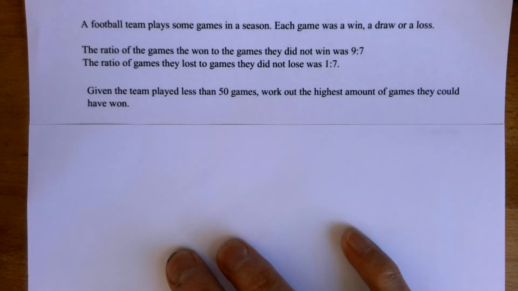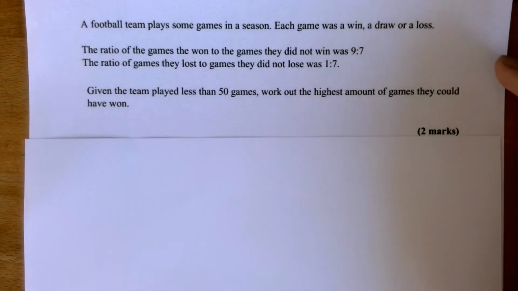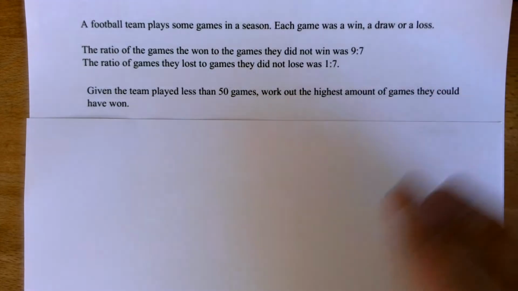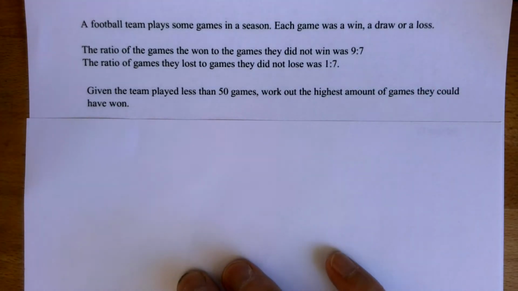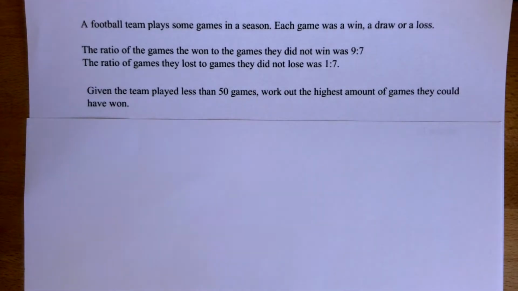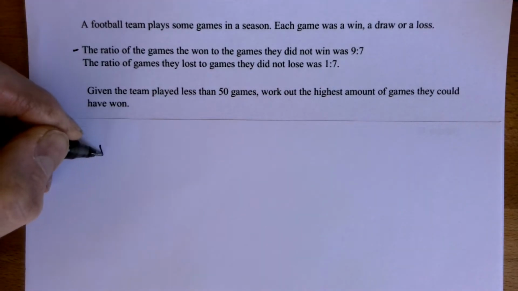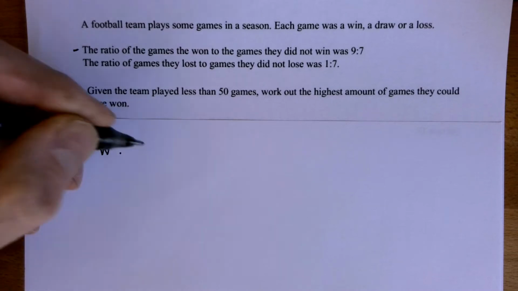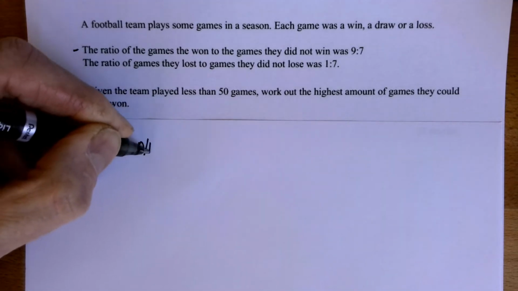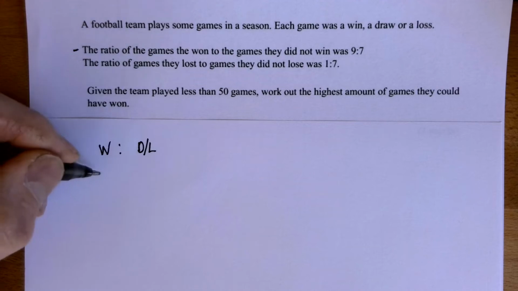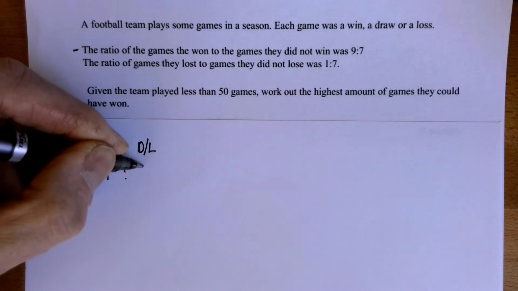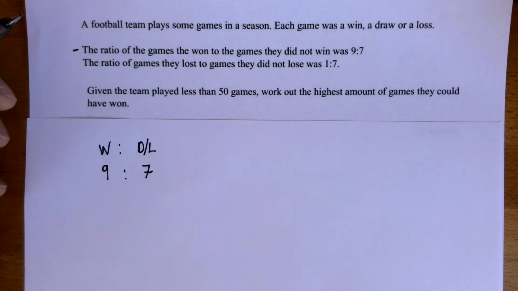Now, don't be fooled by this third question being only 2 marks. I think this is really hard. So this time, the problem was that the ratio was a real mixture. So we're told here that the ratio of games that they won to those they did not win, so that means the ones they either drew or lost, was 9-7.